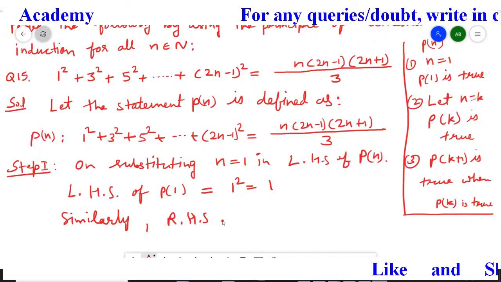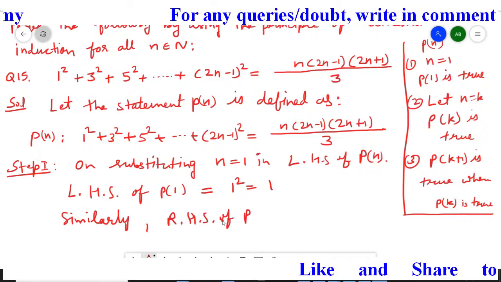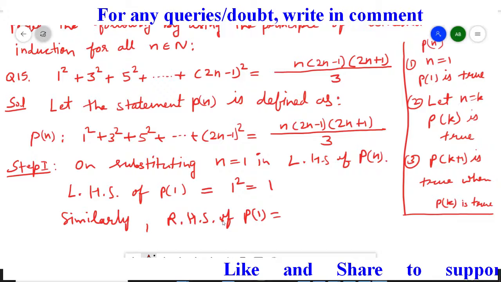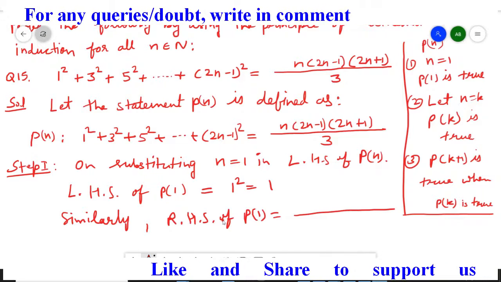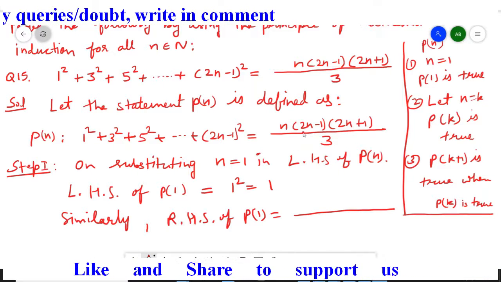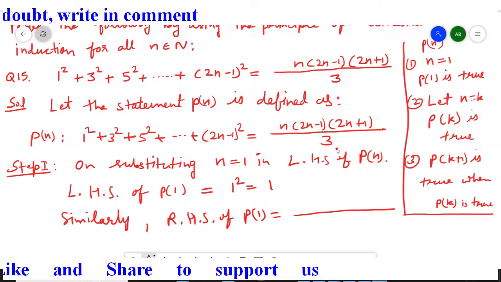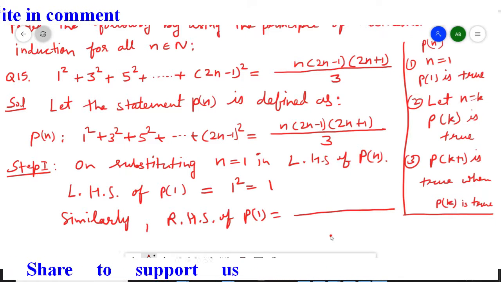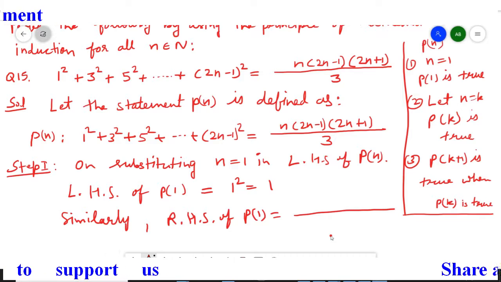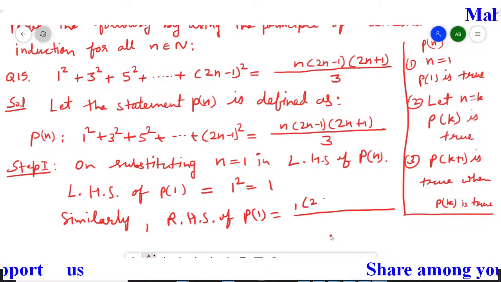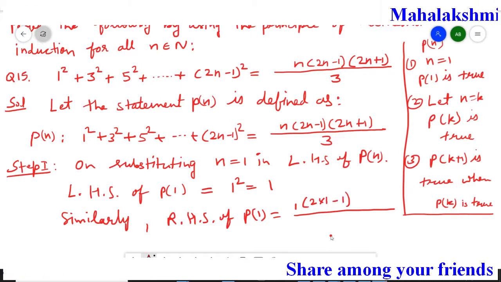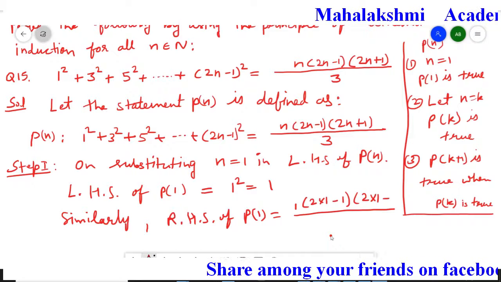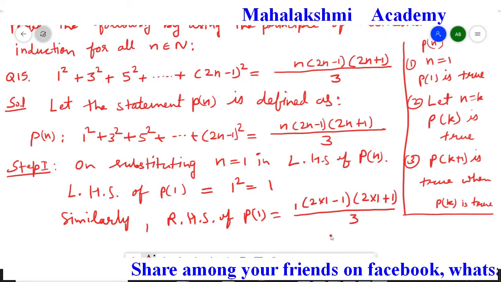In the same way, similarly right hand side of P1 is equal to, now in the right side wherever n is present we have to write it as 1. So we get 1 bracket 2 multiplied by 1 minus 1, then 2 multiplied by 1 plus 1 divided by 3.